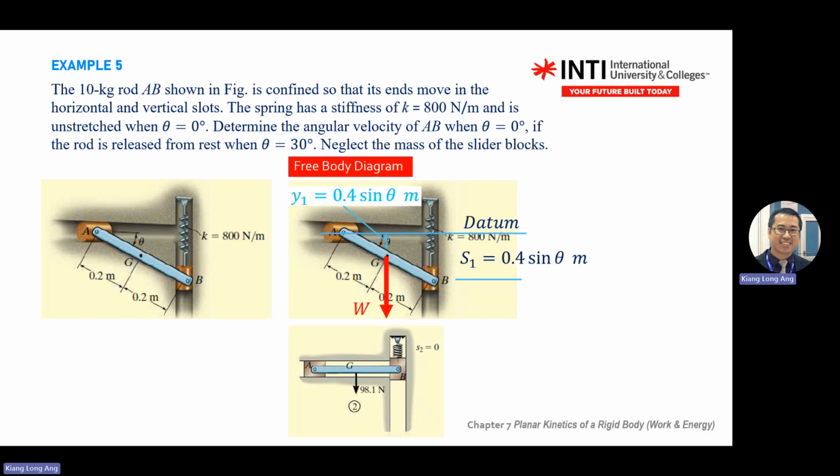So this is when you charge up at 30 degree or any angle. When you pull this one, your S or your Y1 will be 0.4 sine theta. So when we reach at your datum, there's only one force W here, right? And the S is 0 because this is your datum. Right, you back to your datum.